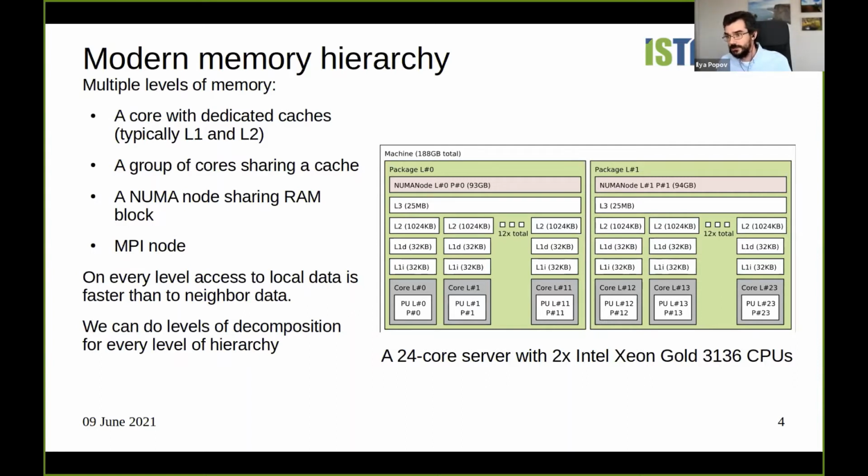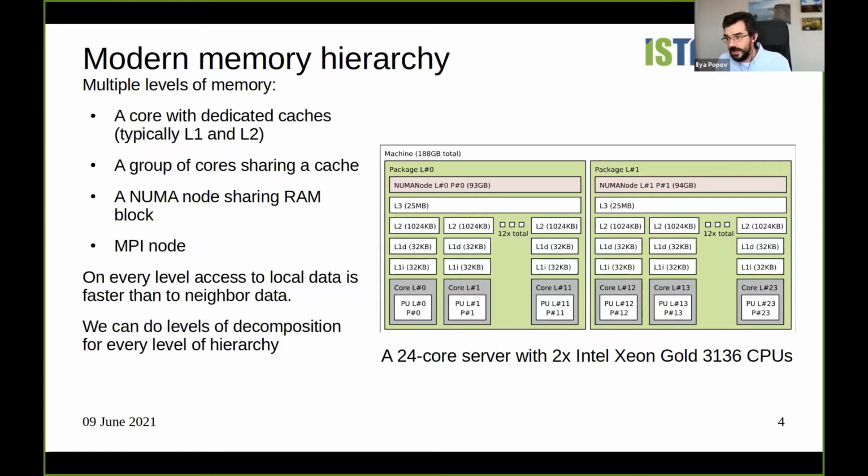Each core has dedicated L1 and L2 caches. Then a group of cores can share a next level cache, L3 cache. Then a group of cores can also have a RAM block, so they form a NUMA node, non-uniform memory access.